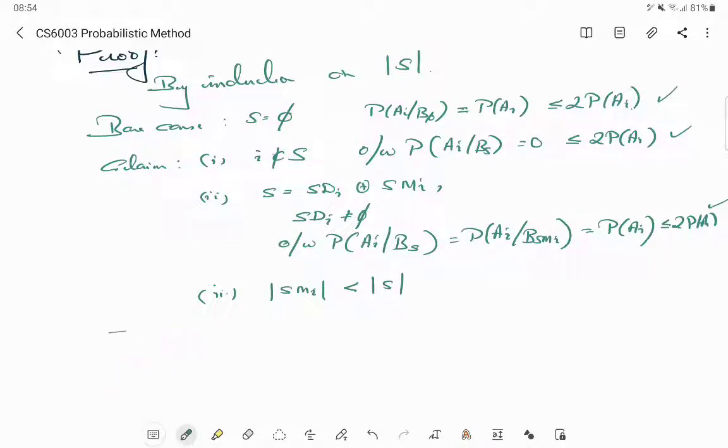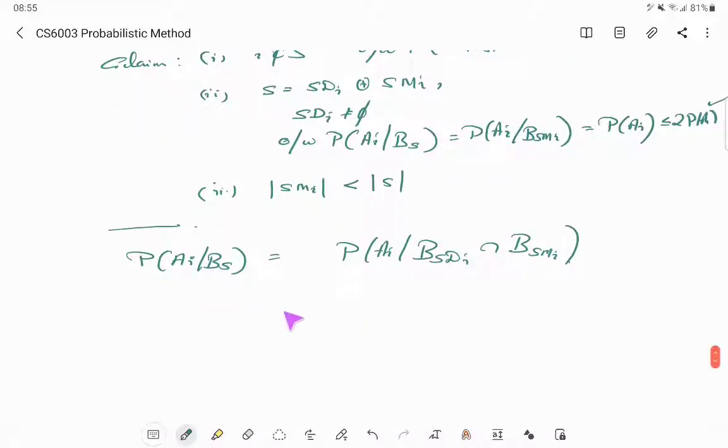So with this much ruling out of the corner cases, we are now ready to analyze this quantity P of Ai given Bs, which, because our Bs we can split it into S, we can split it into SDi union SMi. This intersection we can write it as these two intersections.